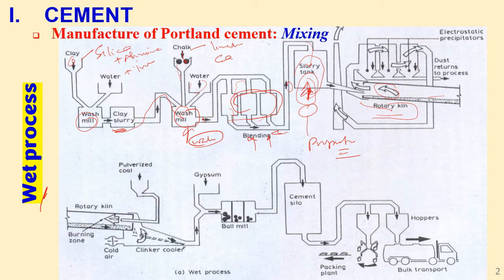Now, after the slurry, we have obtained the desired proportion. This slurry now passes through the rotary kiln, and the rotary kiln is slightly inclined, as you can see. It's at a certain degree, it's not purely horizontal, so that the slurry can flow slowly by gravity.